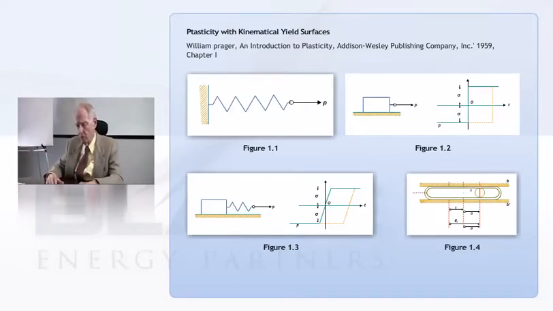And in kinematic hardening, you don't let the yield surface expand, you drag it around. And that's what this book is dedicated to. And this is a good source to understand these kind of materials. A number of people have gotten hooked on this sort of stuff and written a lot of papers.